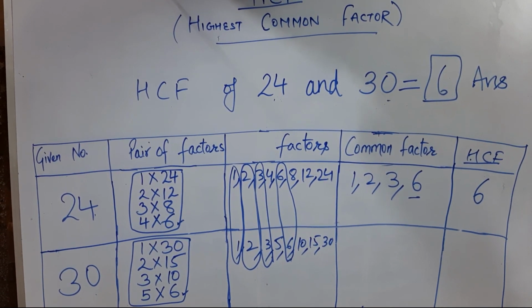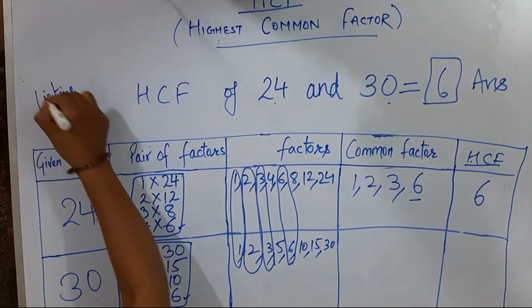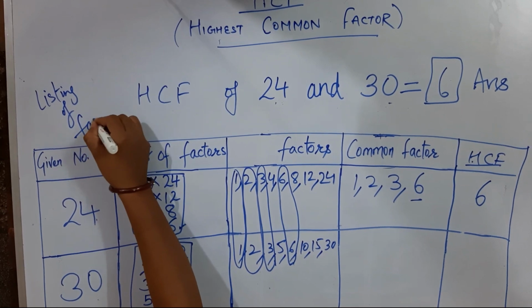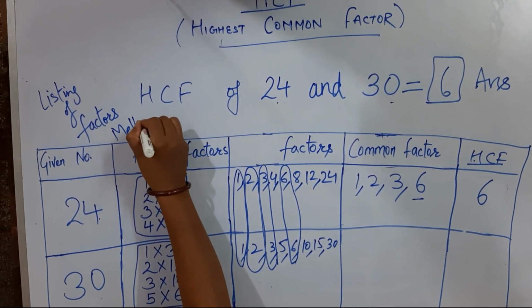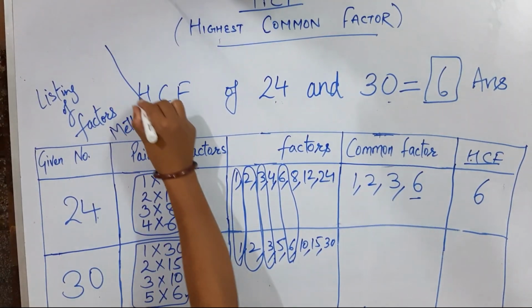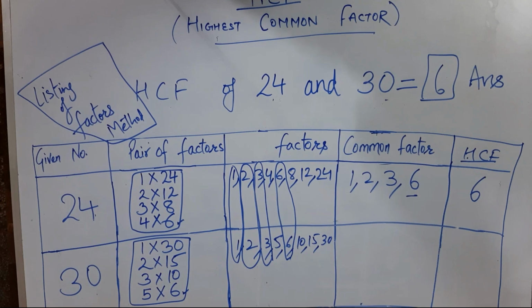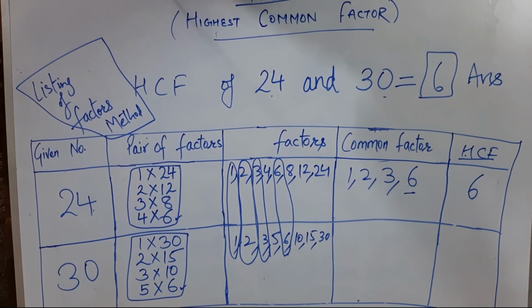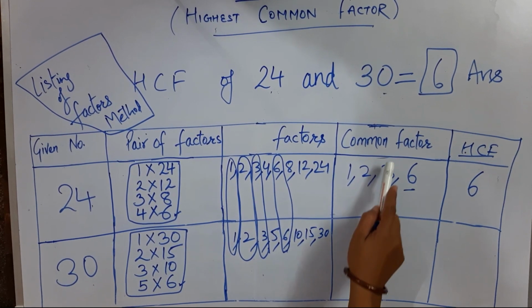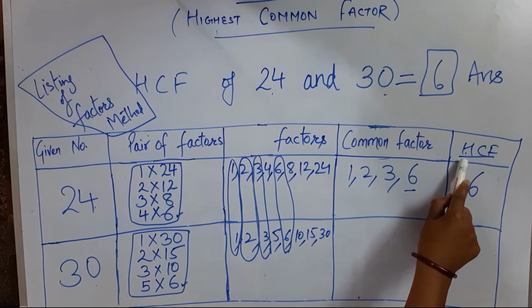This method is called the listing of factors method. It is called the listing of factors method because we have made the list of factors of the given numbers, then we have chosen the common factors and the highest common factor.